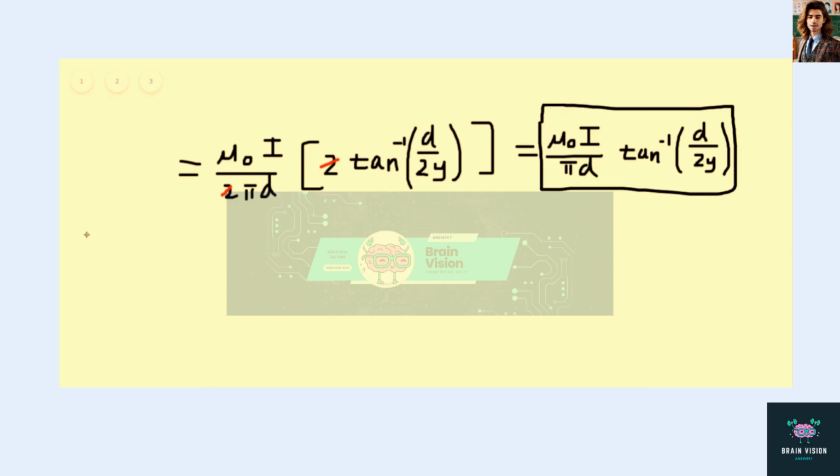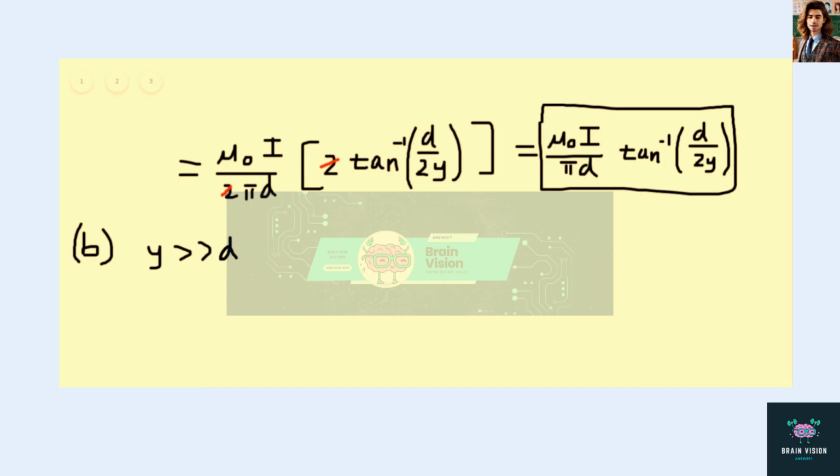Okay, now moving on for part B. For part B, we are asked what value does B approach for y much greater than d, and does this make sense? Explain. So when y is much greater than d, what do we have? Well, let's look at our expression for B that we just found. So we see that the y shows up in that inverse tangent relationship.